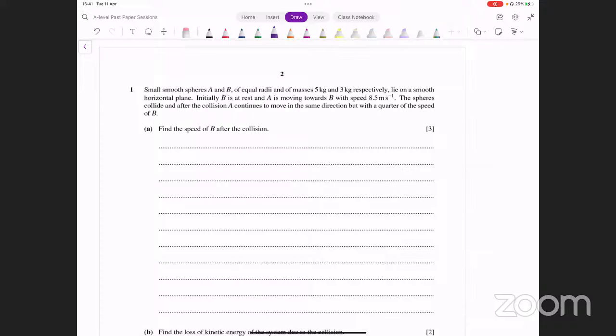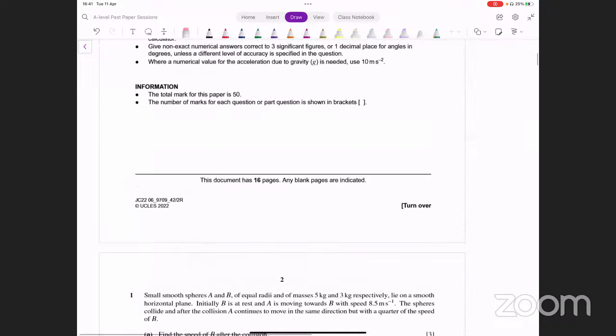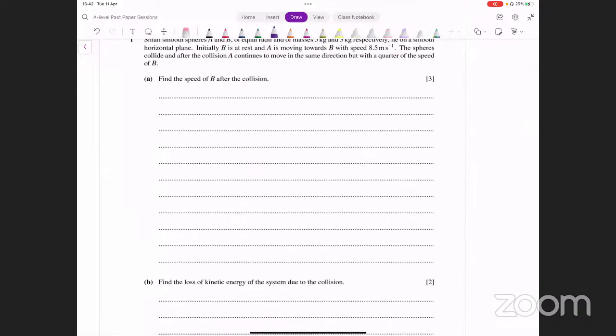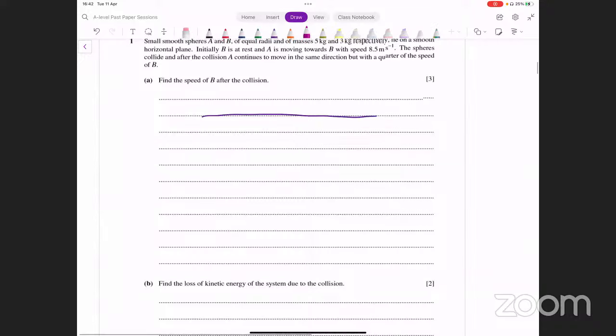Now, let's represent this information in the form of a rough diagram to be able to understand this better. So let's say we have a horizontal plane like this, and on this plane we have 2 spheres.